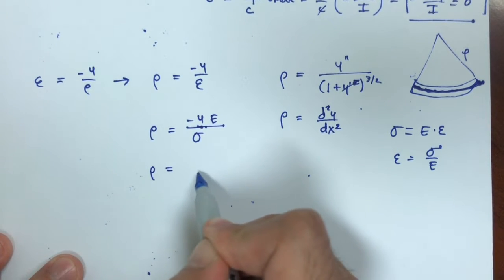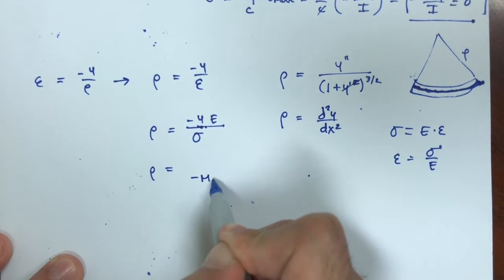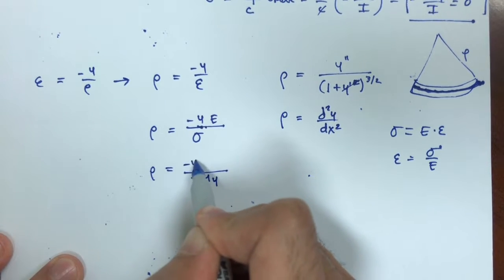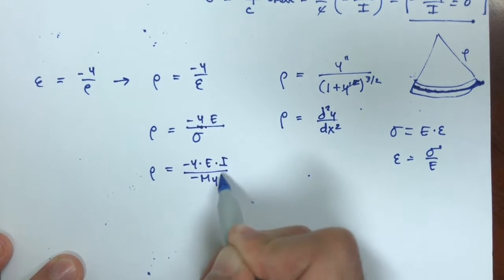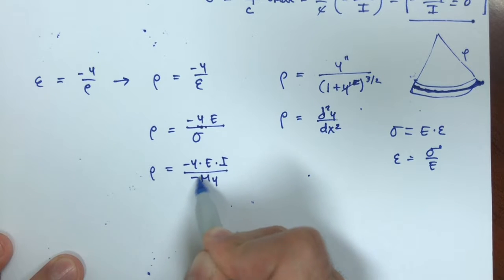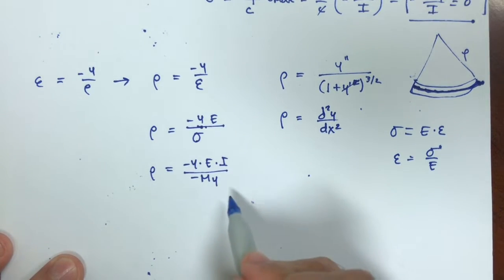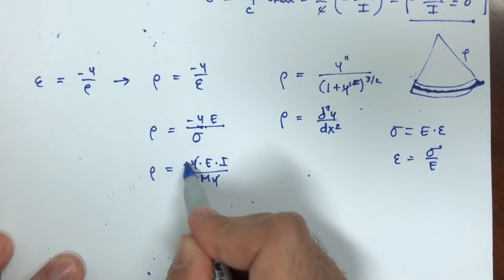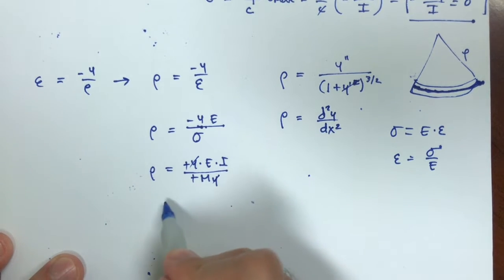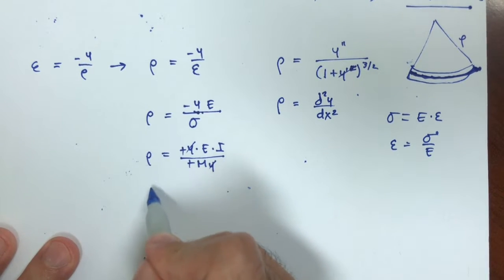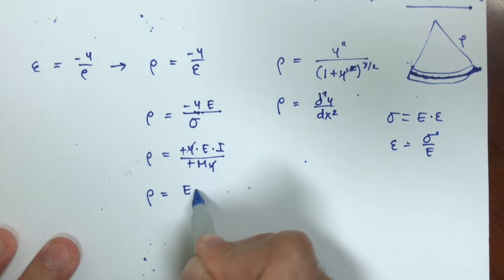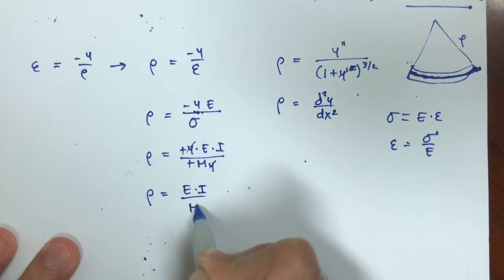I know that my stresses are minus My over I. So with the minus, this is the stress here. So y and y go away, minus and minus become a plus. And so my radius of curvature is EI over M.